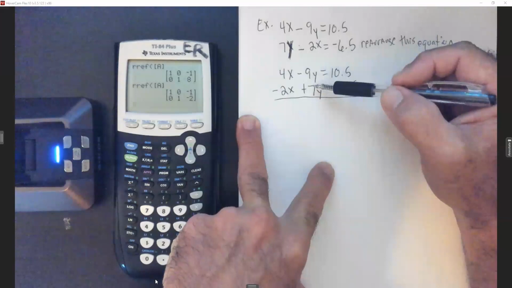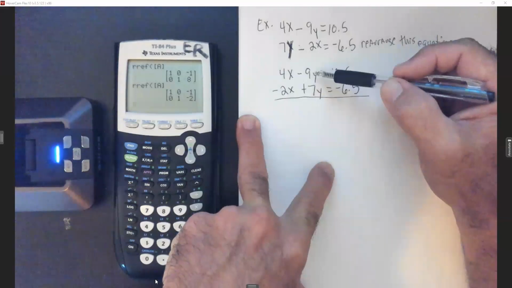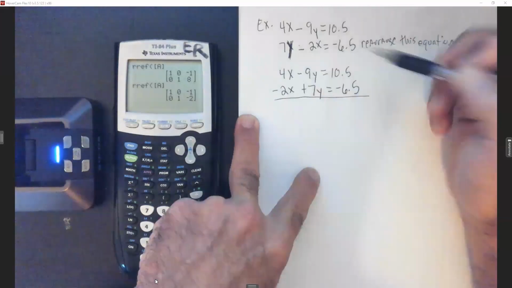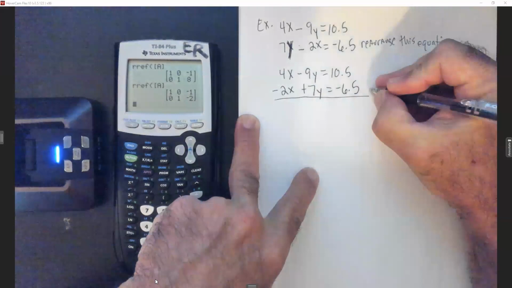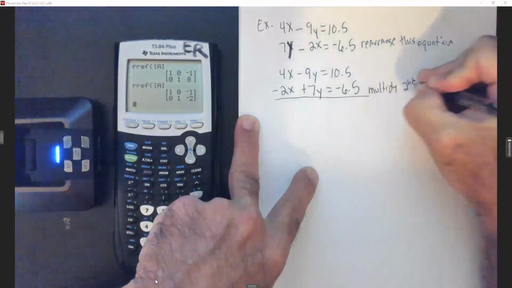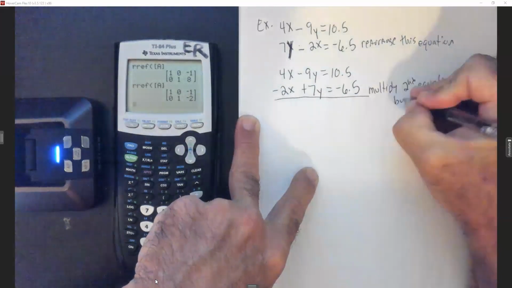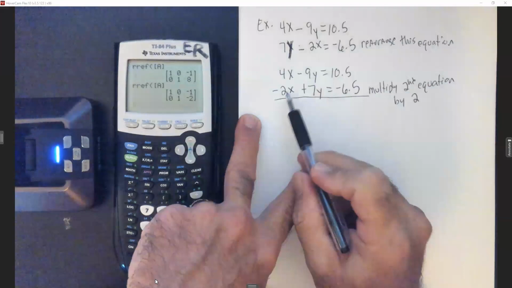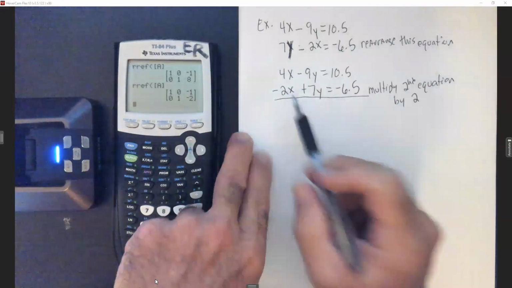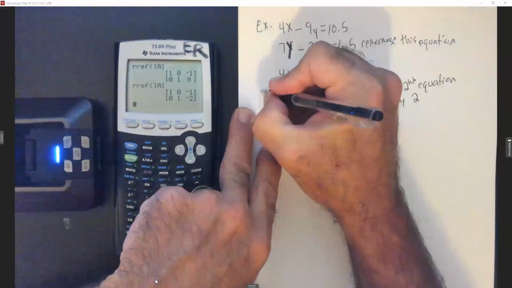Woo, and that'd be like a 63. So that's a lot of changing. So what I'm going to do is multiply second equation by 2. Because that'll turn that into what? A negative 4x. So let's take this whole second equation, multiply by 2.